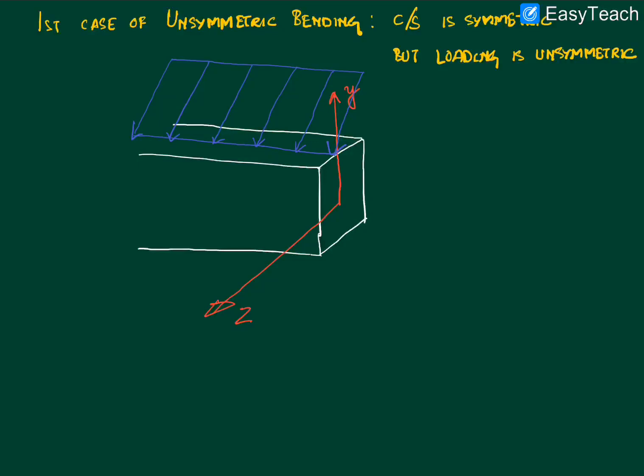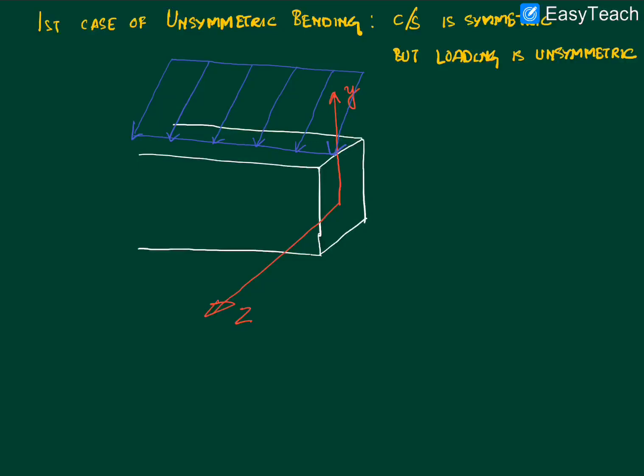We still have a uniformly distributed load. I have chosen it that way. I might as well have a point load, but this is no longer coinciding. The line of action of this load is no longer coinciding with the vertical axis of symmetry, and certainly not with the horizontal axis of symmetry also. So this is very much a case of unsymmetric bending.